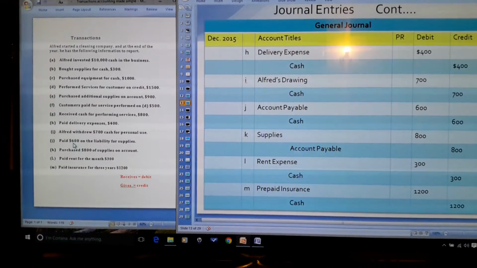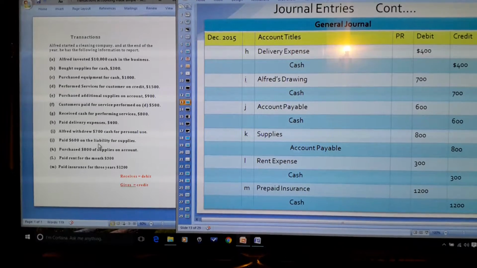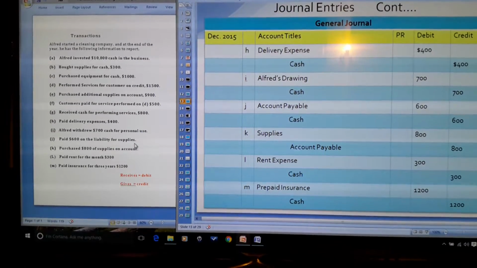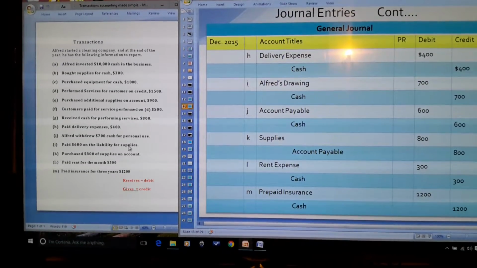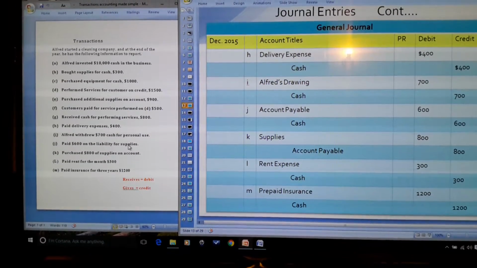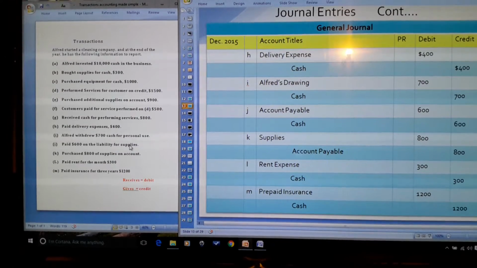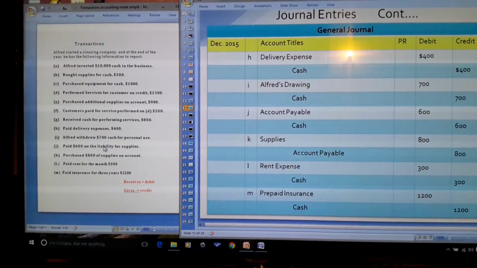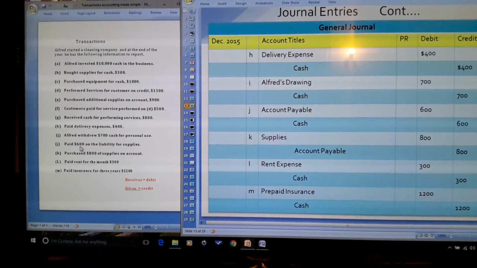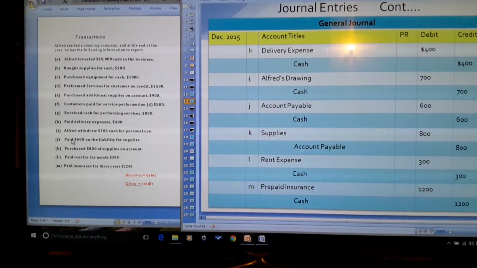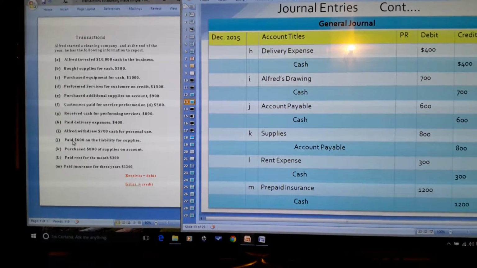J, paid 600 on the liability for supplies. Pay attention to these two transactions. When they say supply, it doesn't necessarily mean you have to use the supplies account again. There was a liability that was created here, and now there is a payment made by you, the business person. So you, the accountant, have to take note of this.